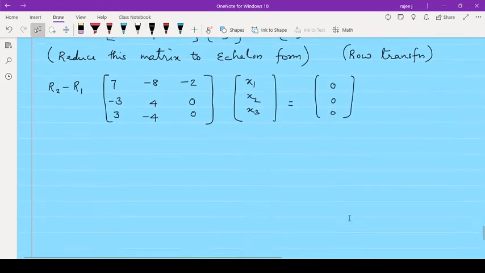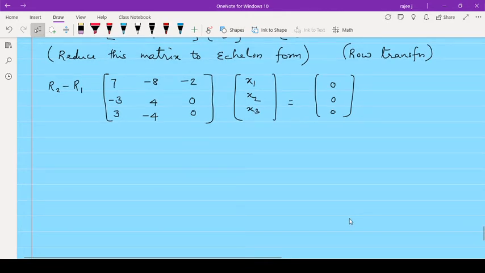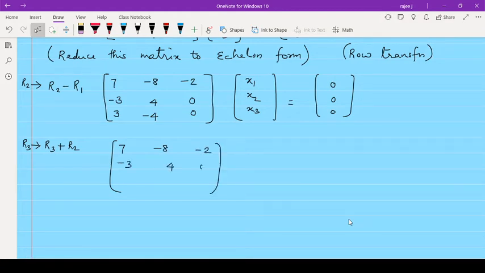Okay, now if you do R3 plus R2, here R2 is unchanged and R3 changes to R3 plus R2. So it becomes 7, minus 8, minus 2, then minus 3, 4, 0, and 0, 0, 0.